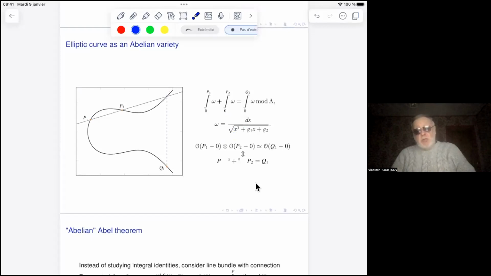We can conditionally write this addition law as P1 plus P2 equals Q1.